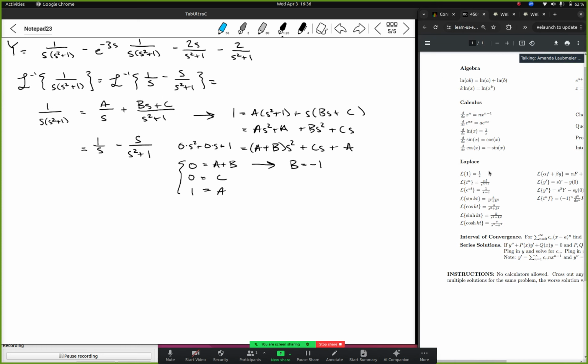L inverse of 1 over s is just going to be 1, minus L inverse of s over s squared plus 1, which is going to be cosine t. Right here, my k squared is 1, so it's just cosine of t.